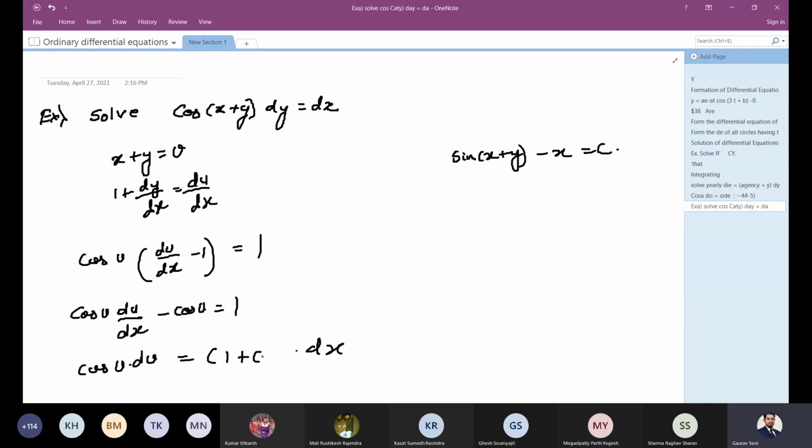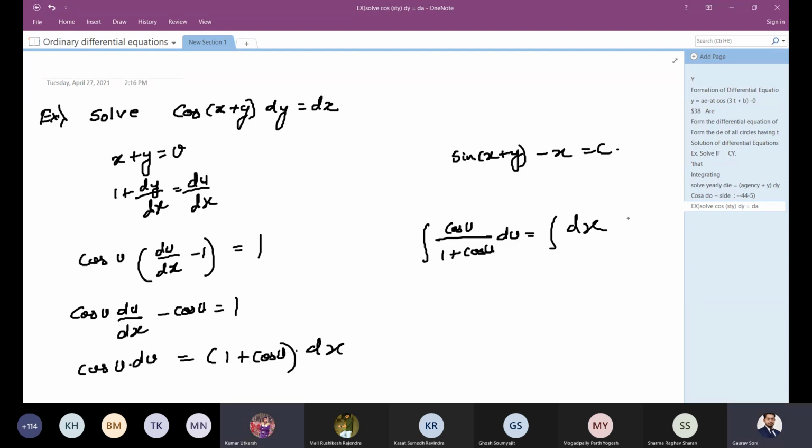So integration cos u upon 1 plus cos u du is equal to integration dx. Sir, after that, I don't get what to do. You're stuck there.